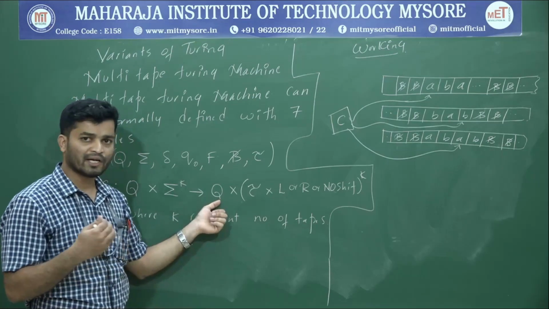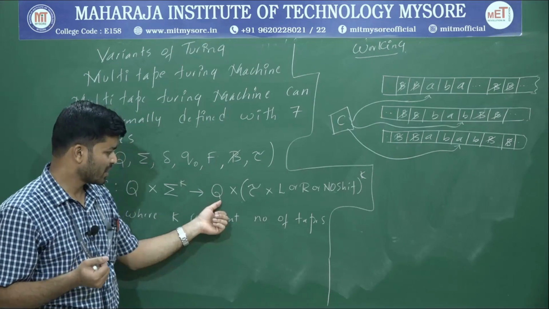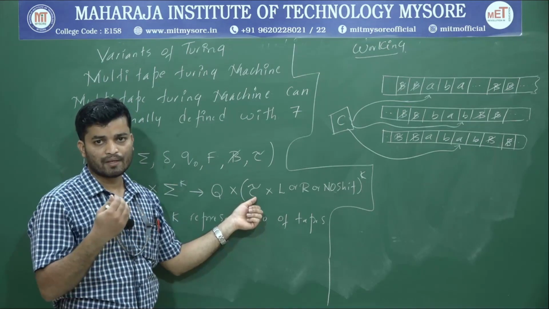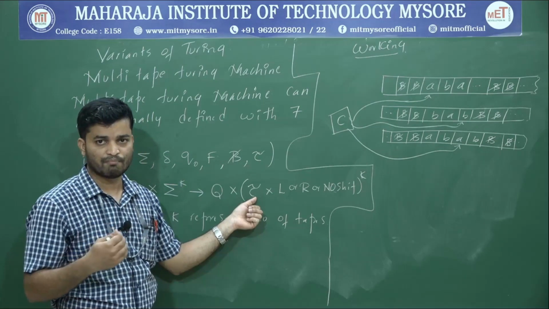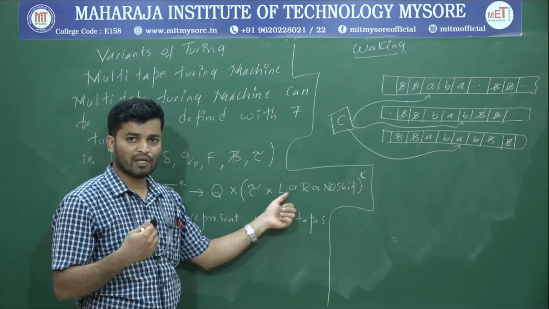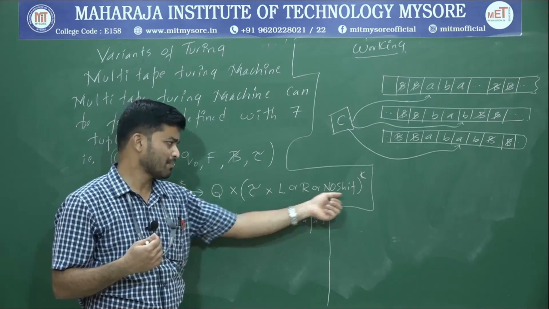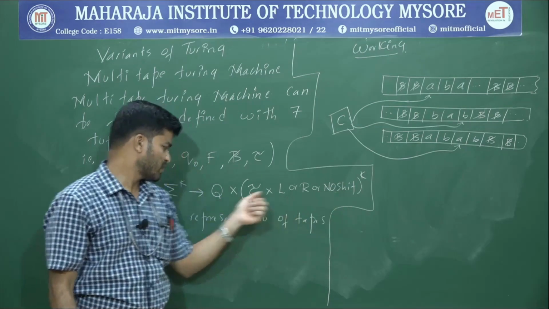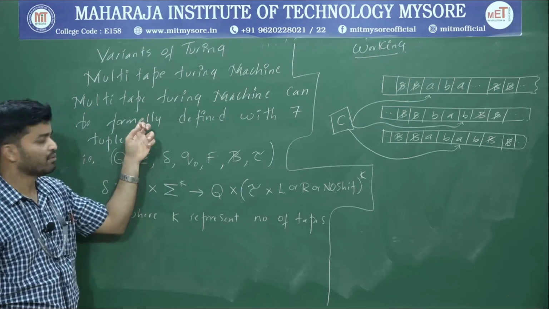In that case, you are going to take a transition towards some other state, by changing the input symbol with some other special symbol in more than one tape, and taking the transition either to the left hand side or to the right hand side, or sometimes not taking any move. So this is your delta with respect to a multi-tape Turing machine.